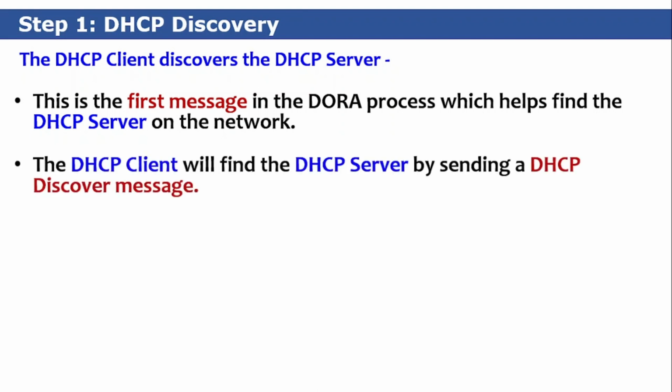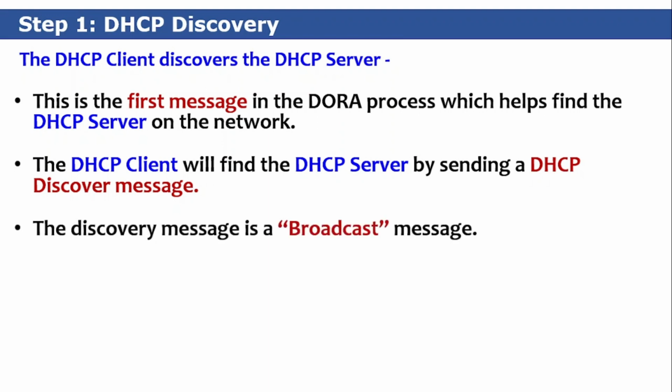The DHCP client will find the DHCP server by sending a DHCP discover message. Now this DHCP discover message is a broadcast. It means one to everyone on that particular network. So this message will be heard by every device which is turned on on that network.